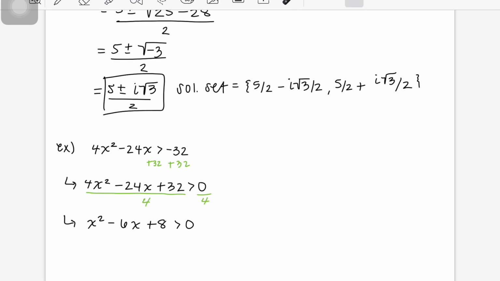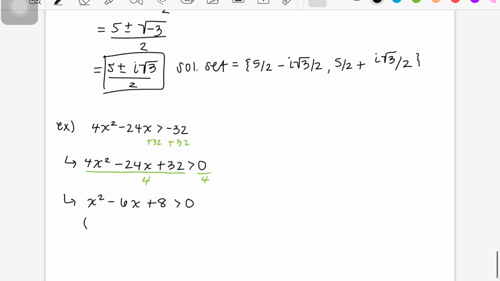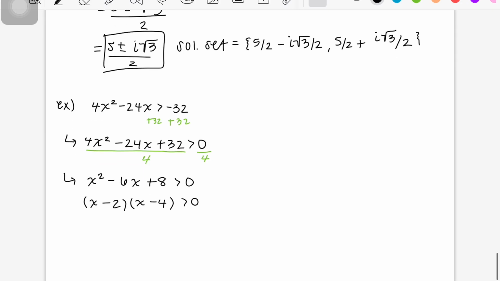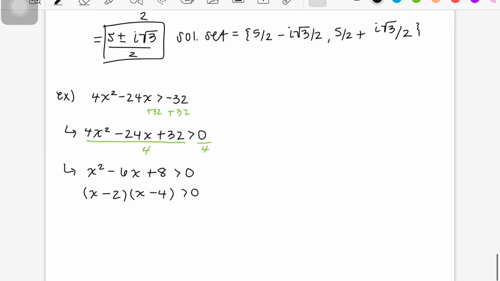So we want to figure out what numbers will make this greater than 0. Well, like I said, we can easily factor this guy. We need two numbers that will multiply to be positive 8 and add to be minus 6. So this will be minus 2 and minus 4. So now we want to figure out when this will be greater than 0.